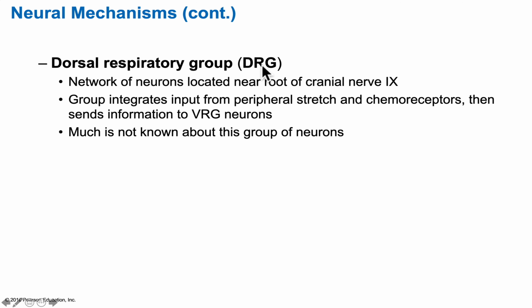The dorsal respiratory group integrates input from peripheral stretch and chemoreceptors and communicates that information to the ventral respiratory group. As mentioned earlier, the DRG is located dorsally near the root of cranial nerve number 9.